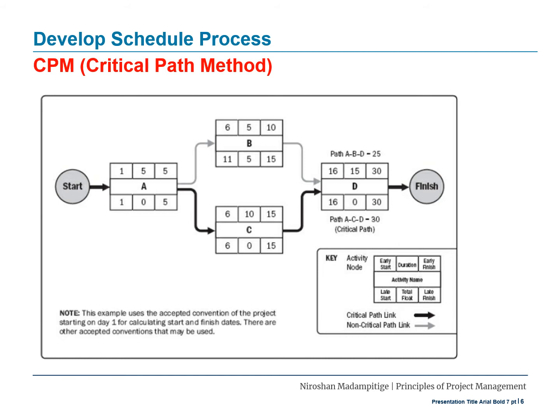This schedule network analysis calculates the early start, early finish, late start, and late finish dates for all activities without regard for any resource limitations by performing a forward and backward pass analysis through the schedule network.